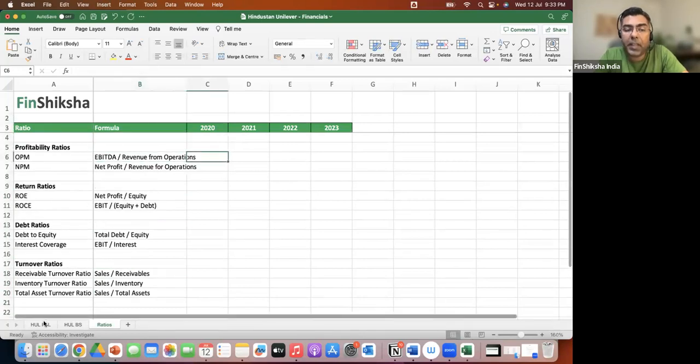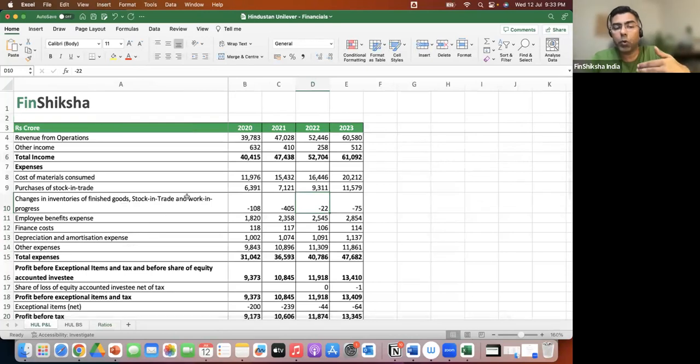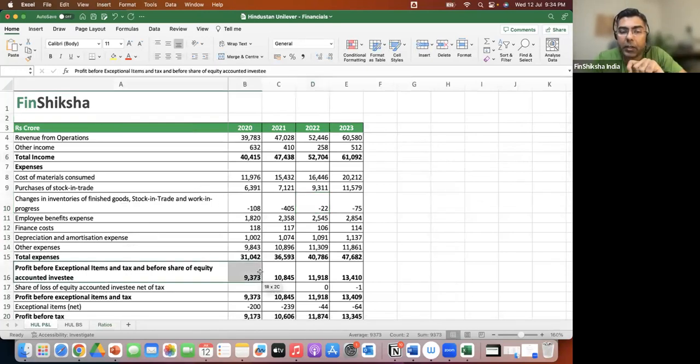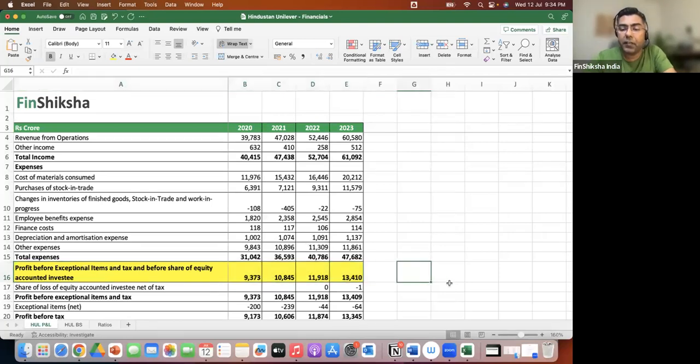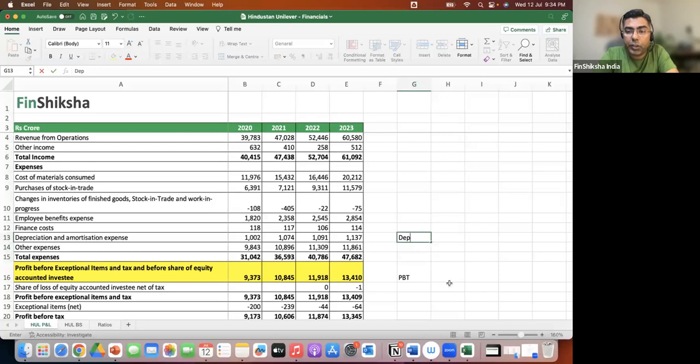Now, remember when the P&L is given these days in terms of the accounting principles, the way it is represented, you are given this line item called profit before exceptional item, before tax and before share of equity accounted investee. This effectively is your PBT number, profit before tax. To arrive at EBITDA, I need to add depreciation and interest to this.